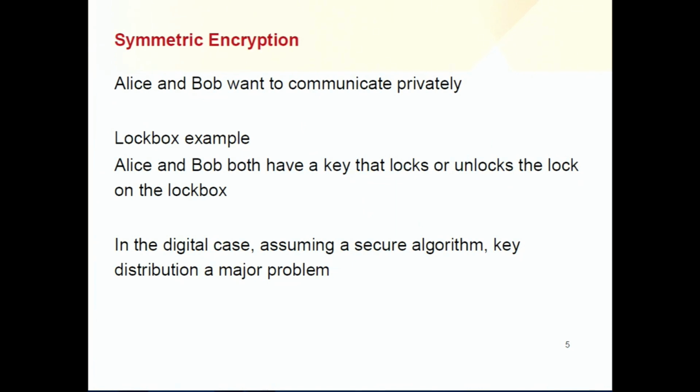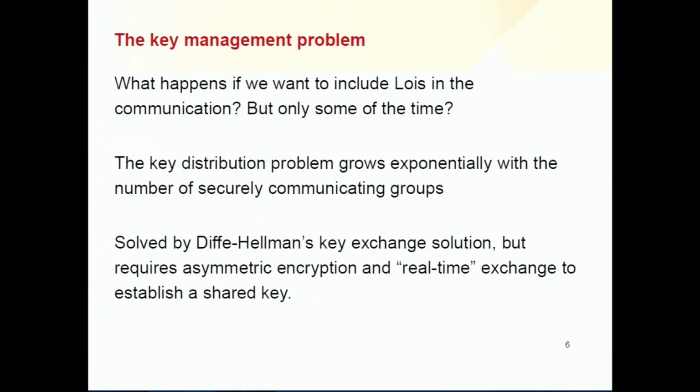Now, the major problem with symmetric encryption is always, how do you distribute the keys? So what happens if we want to include now Lois in the conversation? Except not all the time. So we can't give her just the same key that Bob and Alice have, because there are some times we don't want her to be able to communicate, and other times we do.